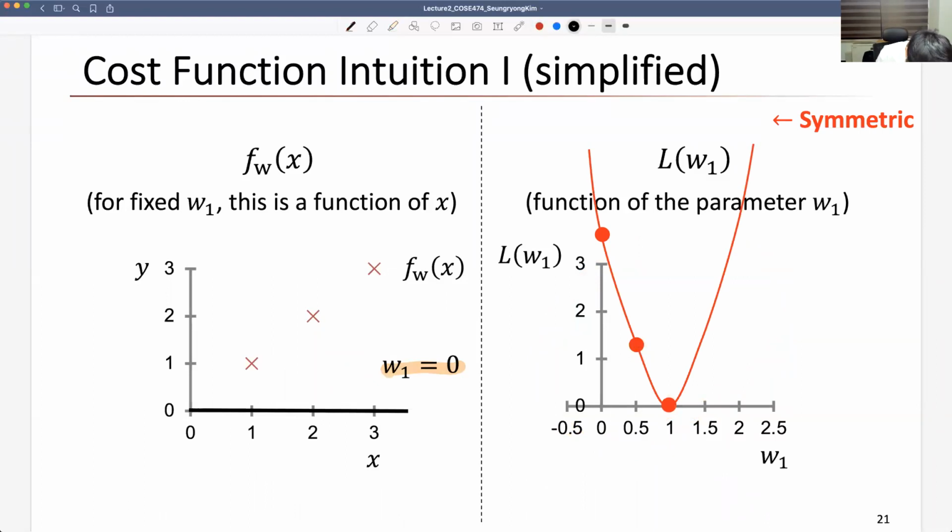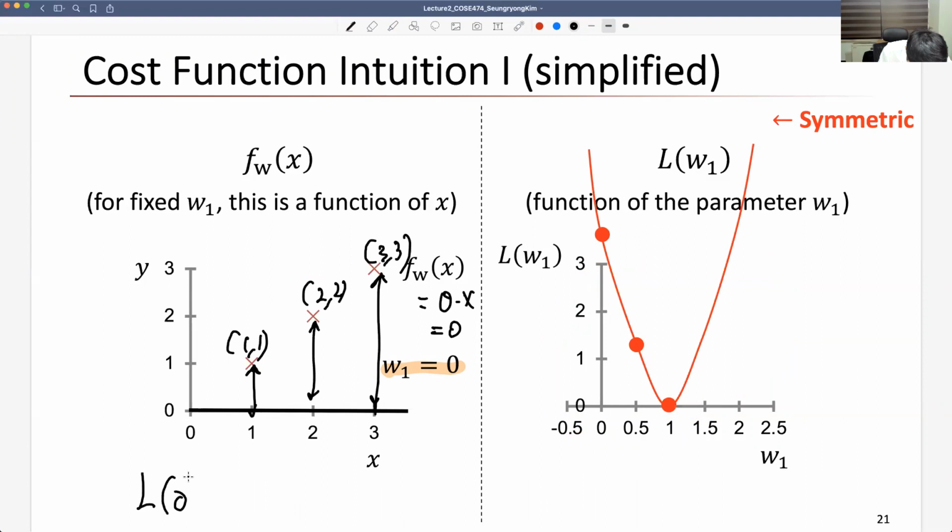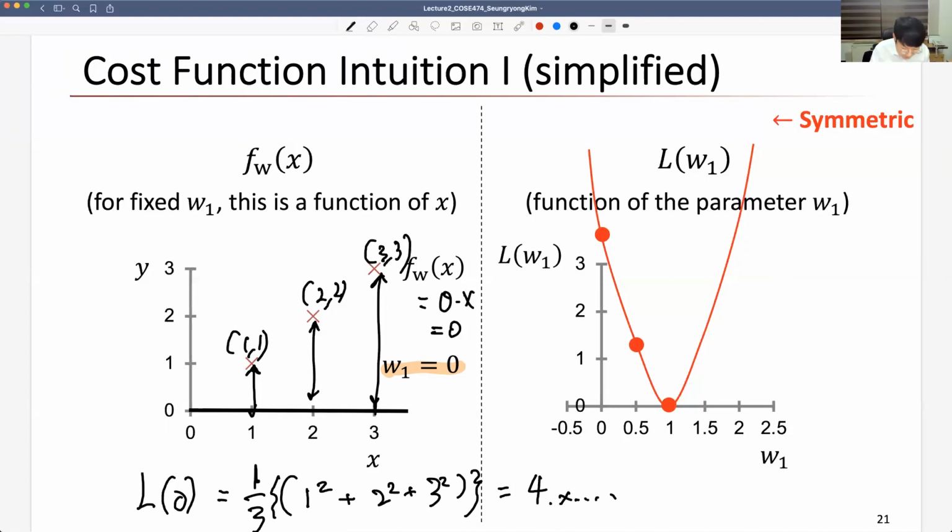In this case f_W(x) will be 0.x, so it's just 0. The distance will be something like this, and L of 0 is like 1 squared plus 2 squared plus 3 squared, so it will be some number around 4.something.